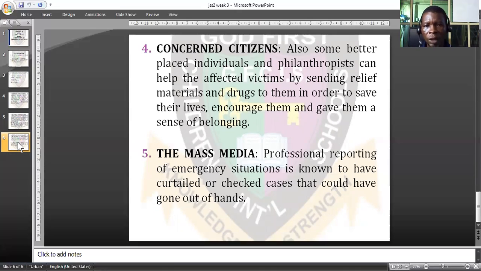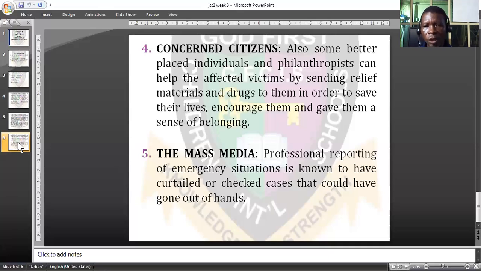Those that are well disposed, those that want to engage in philanthropic gestures, people like Aliko Dangote, Femi Otedola, Asiwaju Bola Ahmed Tinubu, and some other well-placed Nigerians and organizations that believe they need to render assistance to people who are affected by the coronavirus pandemic, which has created an emergency situation in the country.